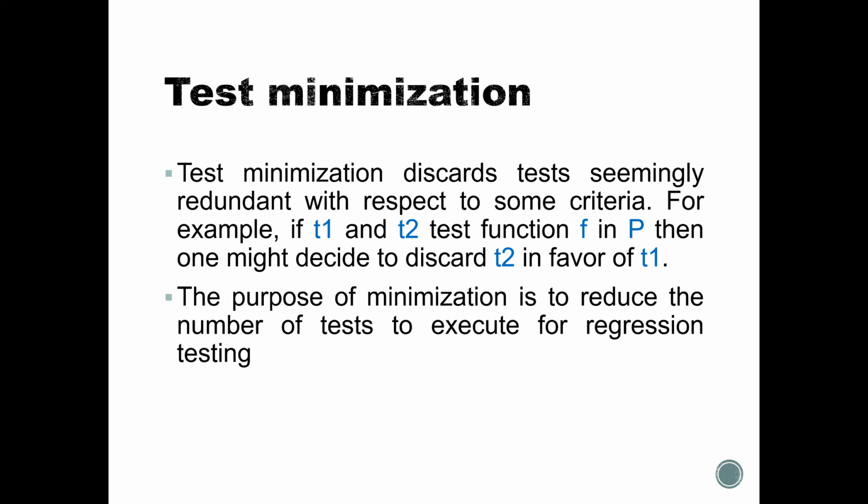For example, if you see on the screen, it says if T1 and T2 are tests of function F in the original program P, then one might decide to discard T2 in favor of T1, because T1 and T2 both test the same function F, and using both might take a lot of time. So the main purpose of minimization is to reduce the number of tests to execute for regression testing.